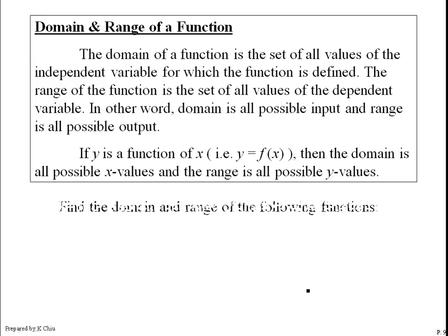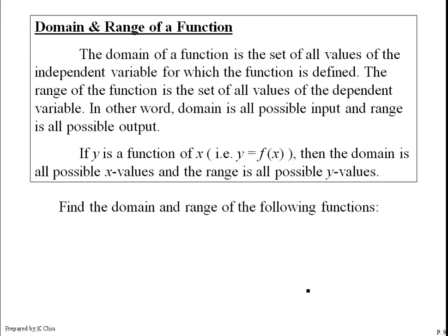All right, last page. The domain and the range of a function. The domain of a function is the set of all values of the independent variable for which the function is defined, and the range of the function is the set of all values of the dependent variable.